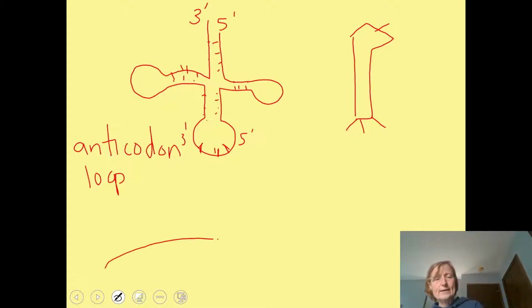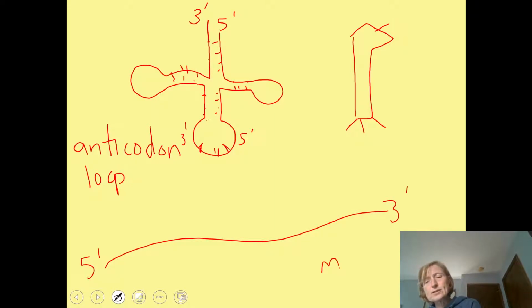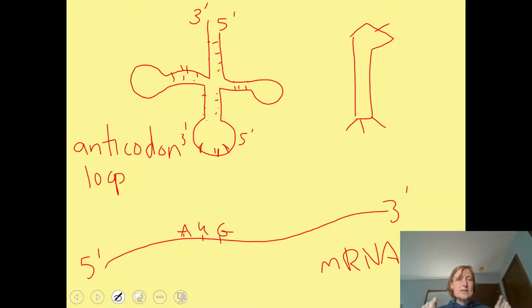So if we had an mRNA molecule, that's our guy down here, this is our messenger RNA molecule, and somewhere on this molecule is the start codon, AUG. An anticodon that recognizes this codon will have 3 nucleotides that complement AUG.